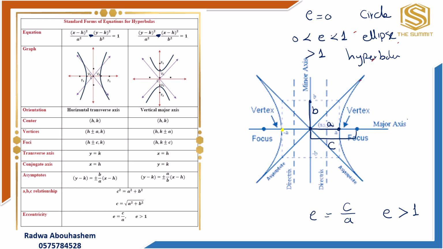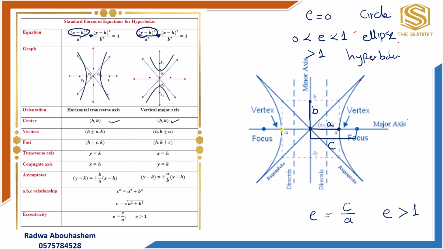If it's horizontal, you're going to start with the x, so the x part is squared. And if it's vertical, the y part is squared. Of course, the center is also (h, k), but we have to switch the sign.